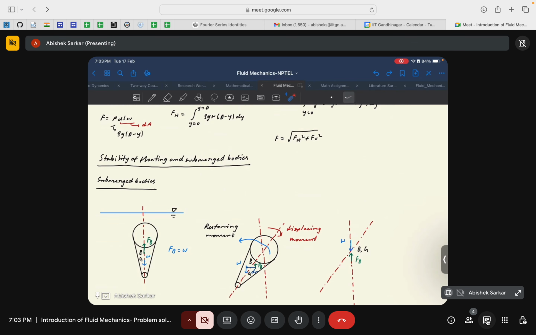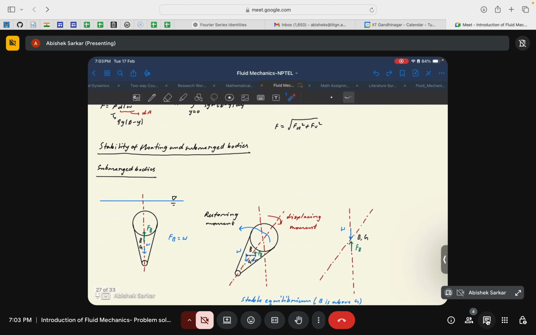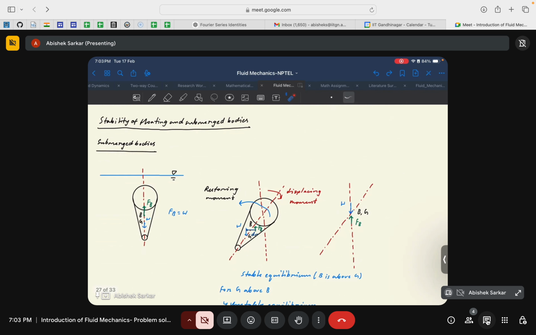So for submerged bodies, that is, bodies that are completely submerged under fluid, okay, let us consider an example of a body of this particular shape, where the body is designed such that the center of buoyancy would be above the center of gravity, okay.